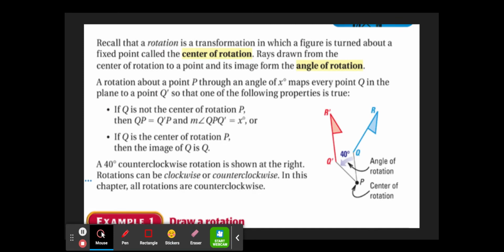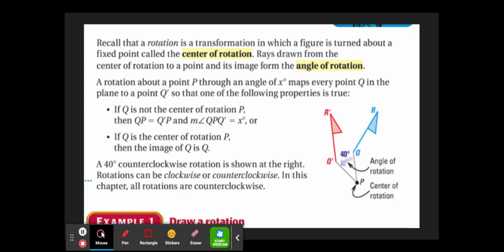Or if Q is the center of rotation P, then the image of Q is Q. Meaning, if you're on the center of rotation and you rotate, similar to if you're on the line of reflection and you reflect, nothing happens to you.